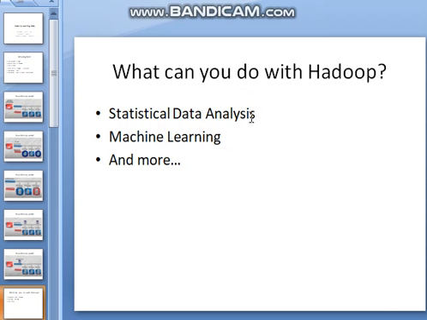Using data analysis, we can do a lot of machine learning with programming languages like Python, R, C, C++, and Java. Using machine learning and Hadoop, we can predict things like the population in 2021 or 2022, and much more.